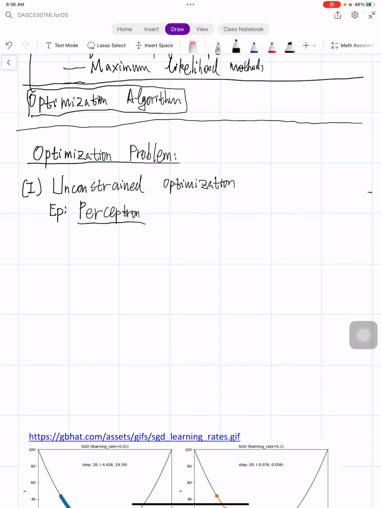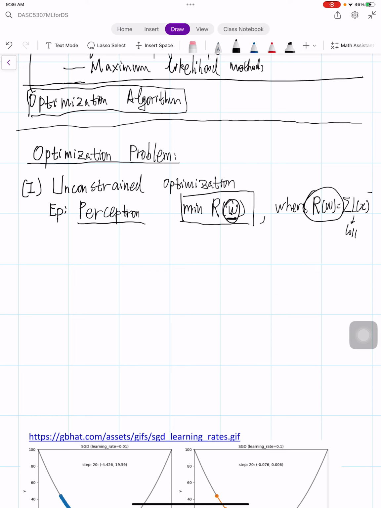Remember, in the perceptron classifier, what we need to solve is we want to minimize the risk. We need to solve the classification using the W vector. We want to minimize this, where this risk R is the summation of the loss at each point x. So we minimize this function, we get our solution, without any constraints.